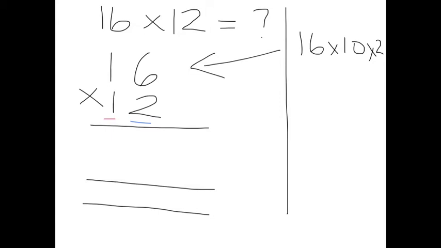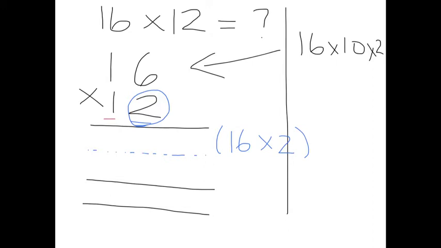I'm first going to work with my unit. So this is the 2 that I'm working with now. And I'm going to use the top line, so I ruled myself 2 blocks of squares. And my first line I'm going to set out as going 16 times 2. And I'm not going to worry about my 10 yet.